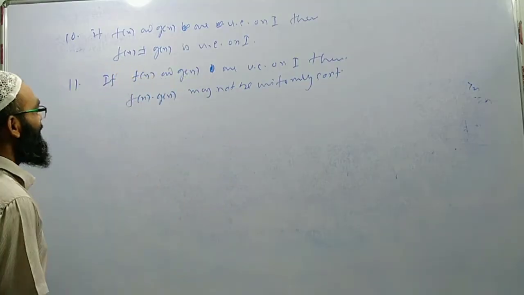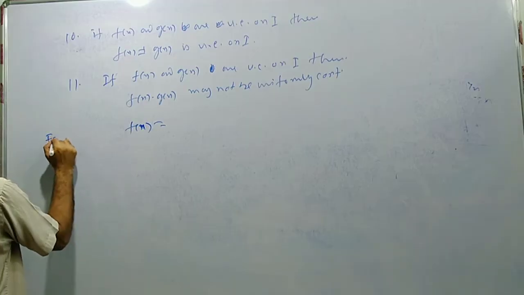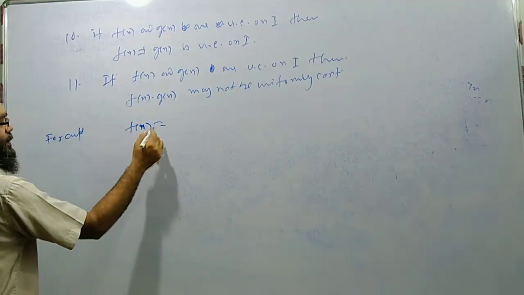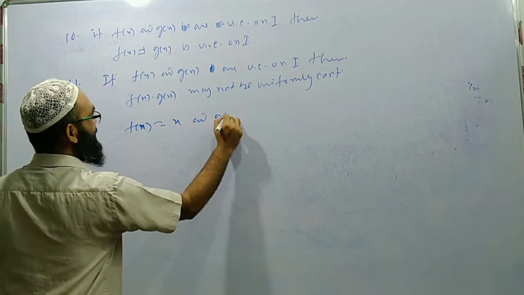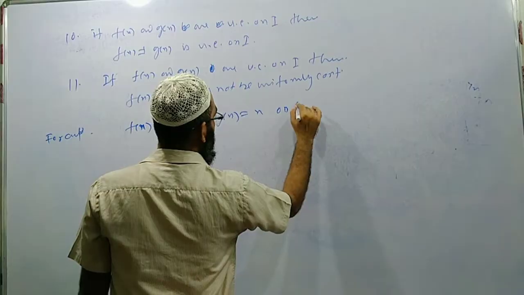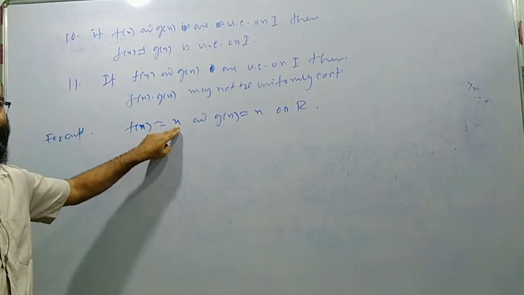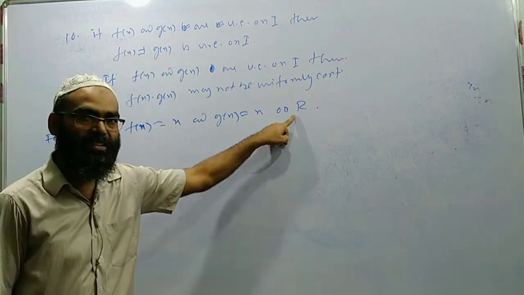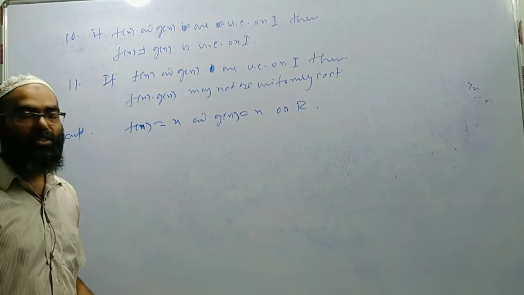For example, if we take f(x) equal to x and g(x) equal to x on R, we have formally shown that f(x) equal to x is uniformly continuous on R, using the epsilon delta definition of uniform continuity.